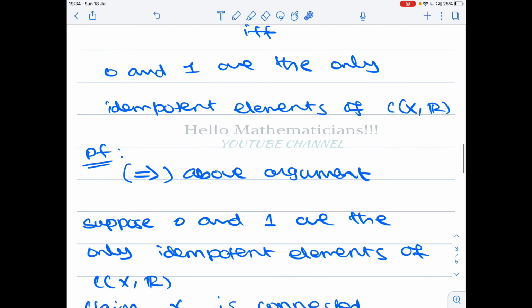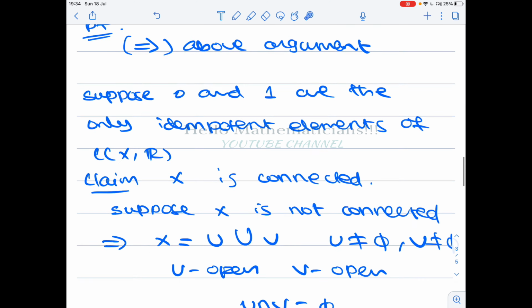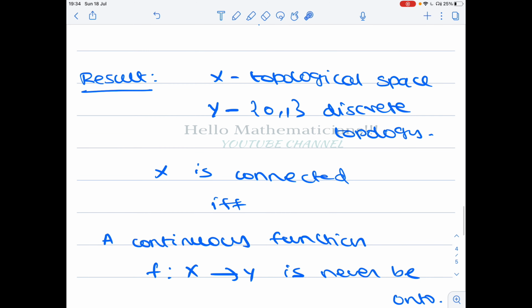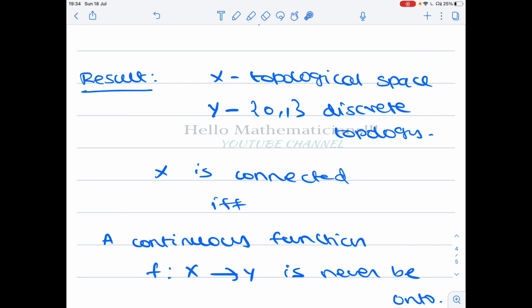Okay, so this is a very nice result because some topological property we are explaining in terms of some continuous functions in C(X, R). So that is why this result is interesting. Another similar result, actually the same result but in a different way: you take X a topological space, Y = {0, 1} with the discrete topology.